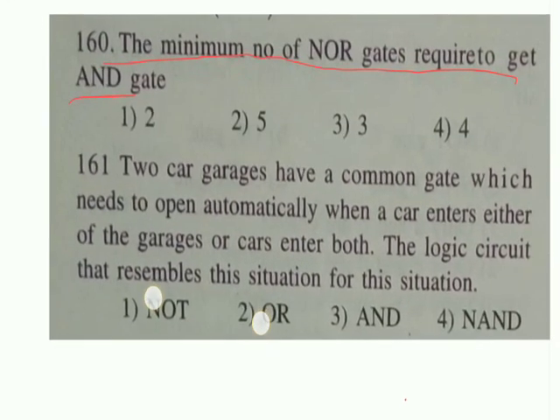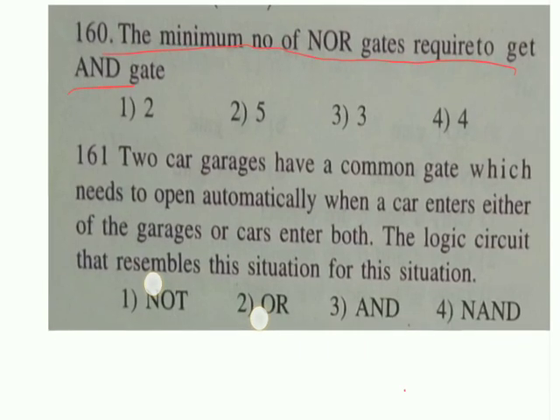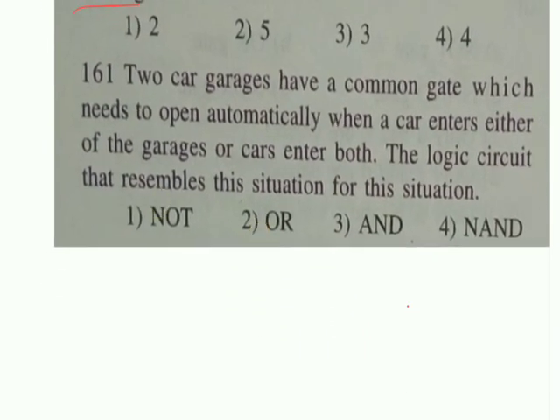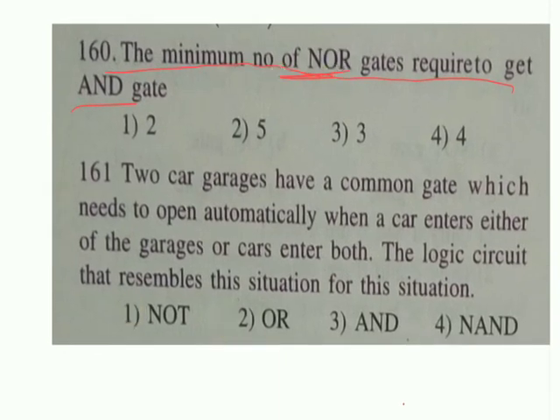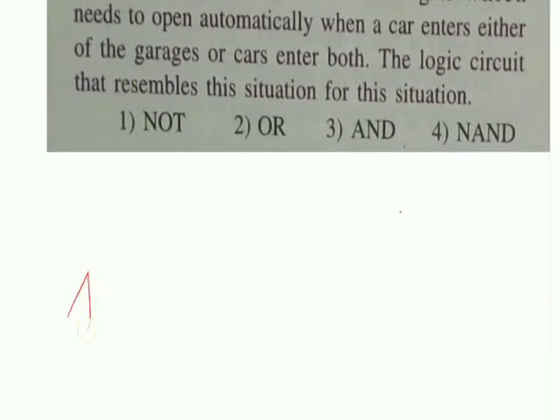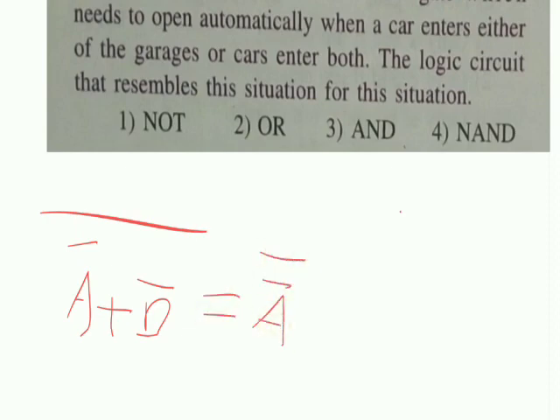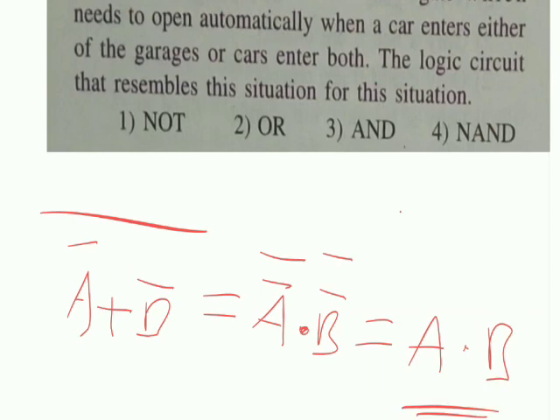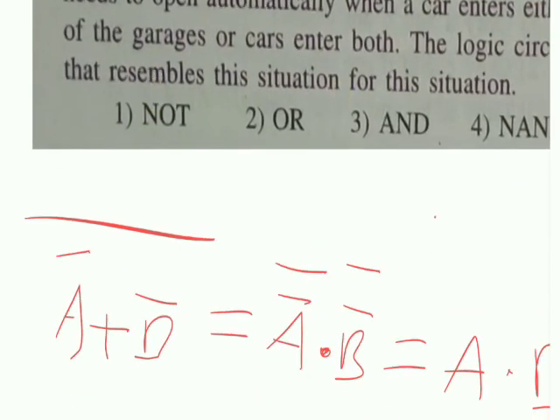So solving easily with Boolean algebra, minimum number of NOR gates: A complement or B complement, this is a NOR gate, is equal to A complement and B complement, A and B. So how many? 3 required.